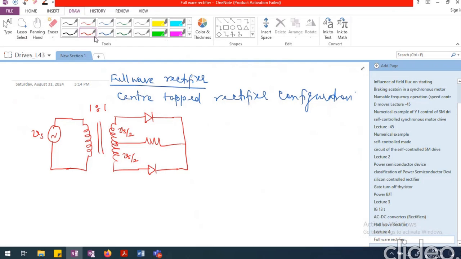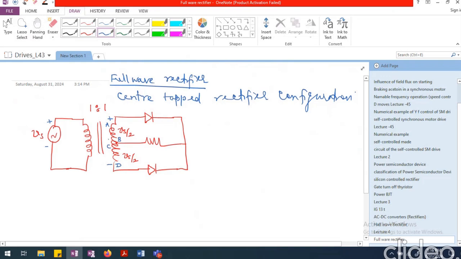In the center tapped rectifier configuration, if it is the positive half cycle, I'm going to have plus here and minus here, because of which this will have plus and this will have minus. If I call these points A, B, C, and D, the two windings A-B and C-D are connected in series.